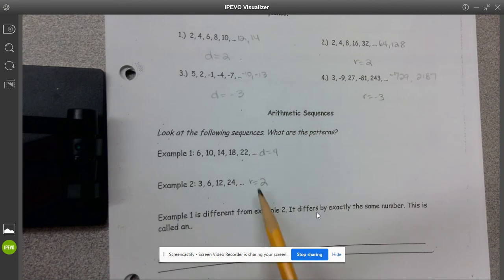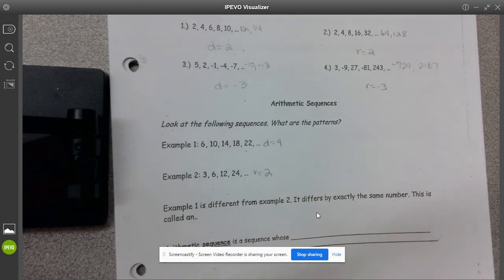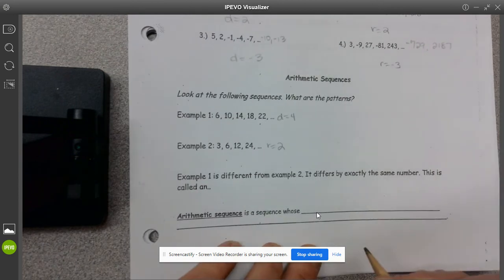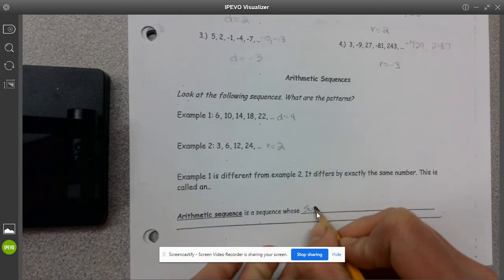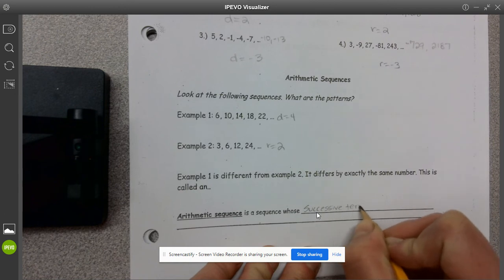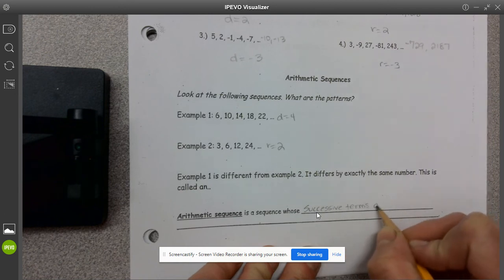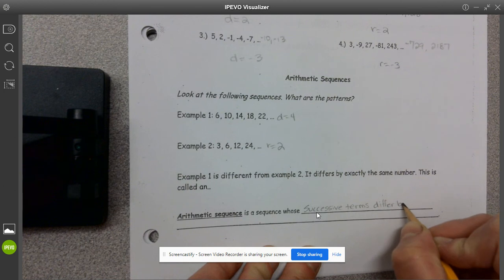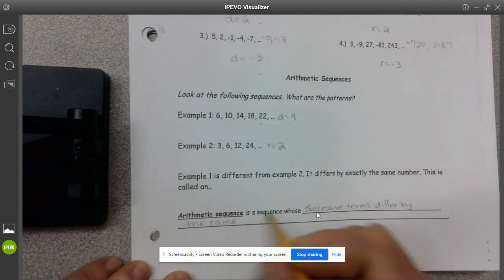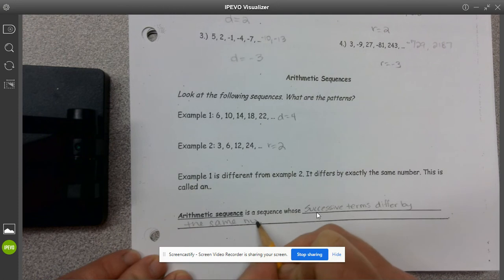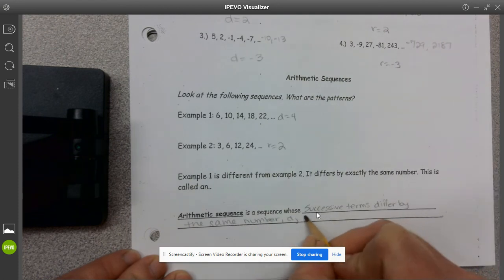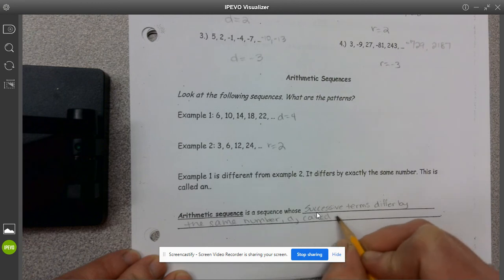It says example 1 is different from example 2. It differs by exactly the same number, and this is called an arithmetic sequence. So it's a sequence whose successive terms differ by the same number D, called the common difference.